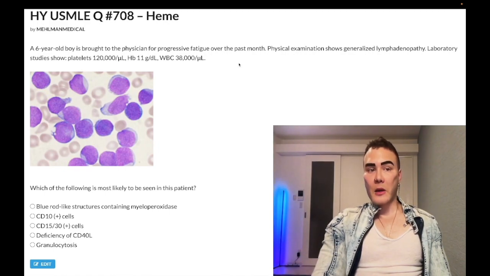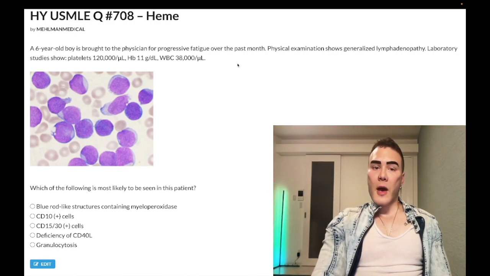And by that, I mean greater than 30. Okay, when you get to Step 2 CK level stuff, you will occasionally get questions where white blood cells can be maybe slightly elevated, okay, more difficult for leukemia. But for Step 1, as I just said, 4 out of 5 questions, at least 30,000 per microliter.